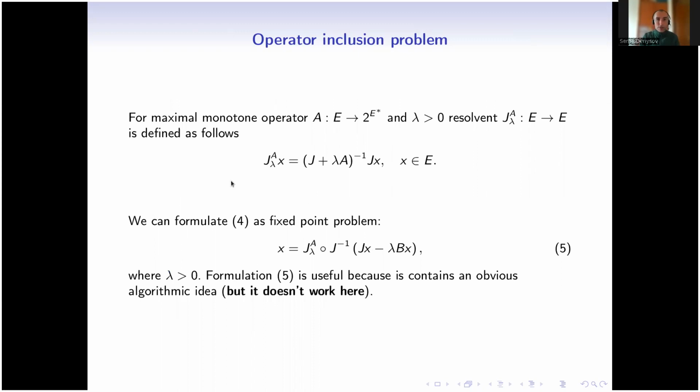If we recall the form of resolvent for maximal monotone operator, then our operator inclusion problem can be reformulated as a fixed point problem. As you see here, it is quite a well-known form, and a lot of algorithmic ideas can be derived from such formulation.